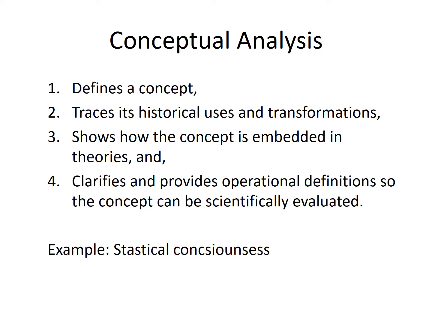So this concept, statistical consciousness, is embedded in these theories about legal consciousness, and I'm providing an operational definition by looking at when people read scenarios, how many gay or lesbian people they think are living near them.